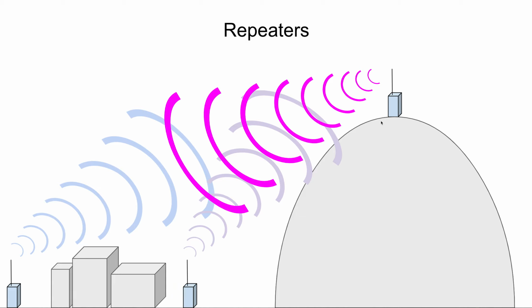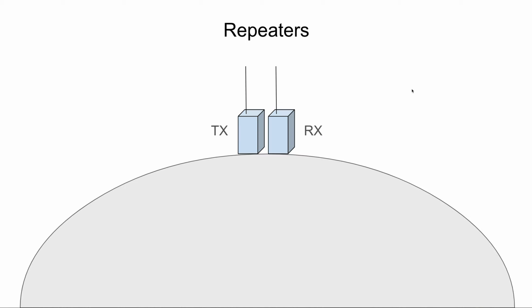So how exactly does a repeater work? The repeater is actually just two linked radios. One is dedicated to listening while the other is dedicated to broadcasting. Listening, RX. Broadcasting, TX. The TX side immediately starts rebroadcasting whatever the RX hears.